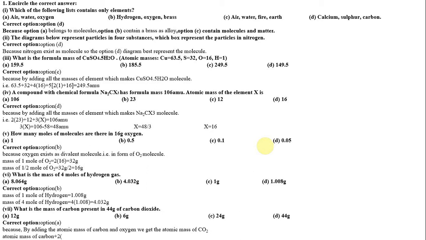Atomic mass of carbon plus 2 into 16 equal to 44 gram. Atomic mass of carbon हमने कैलकुलेट करना है, तो हम 44 minus 32 करेंगे, we will get 12 gram.